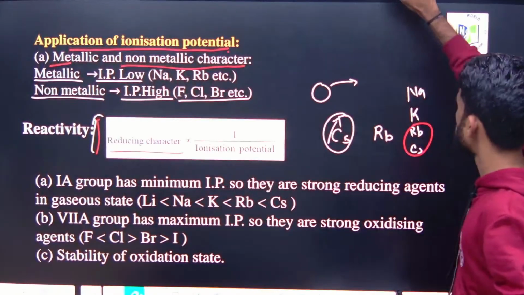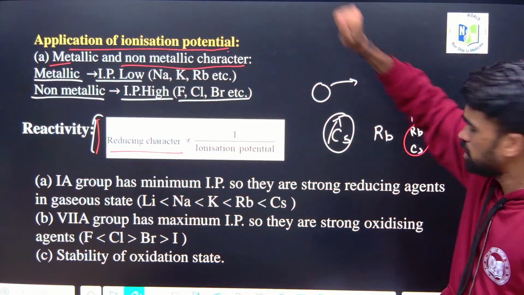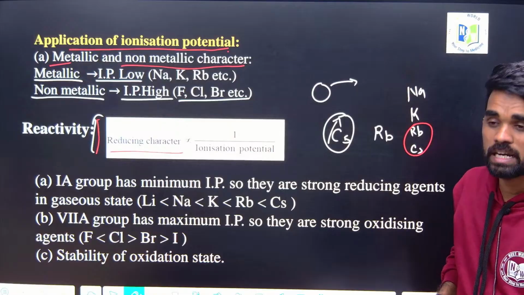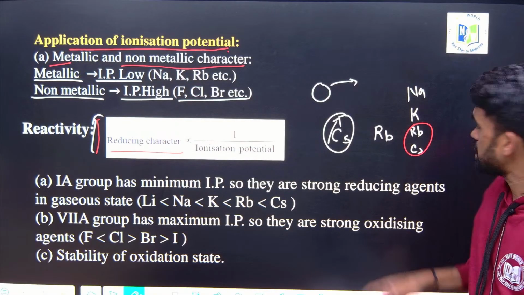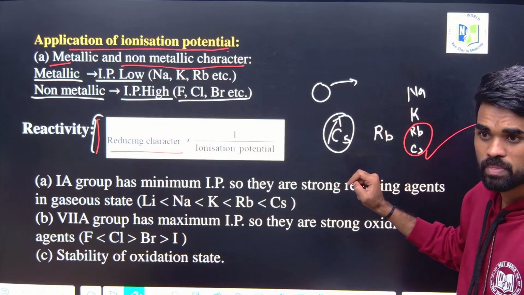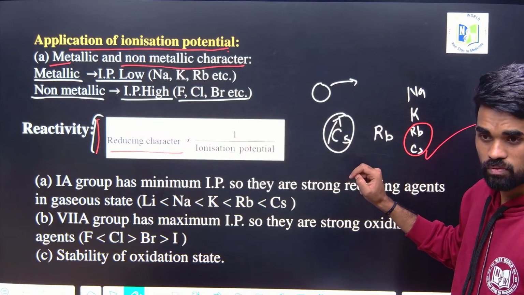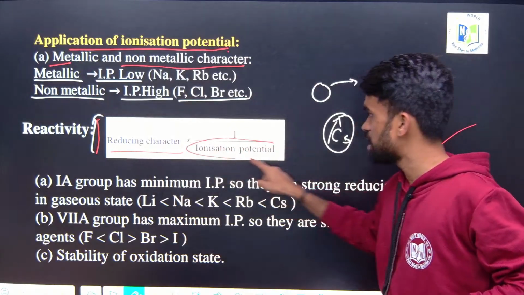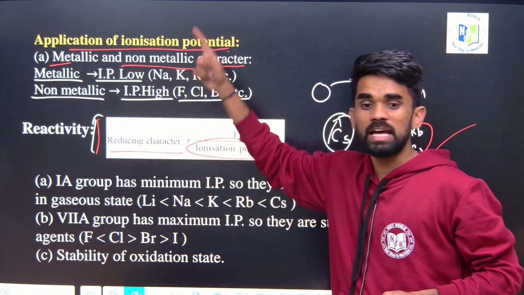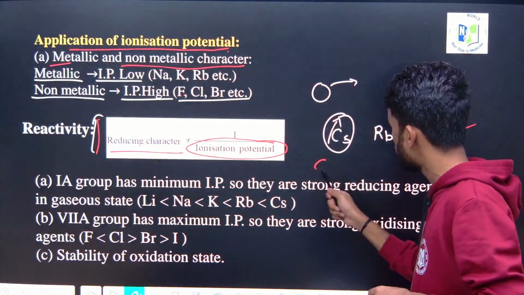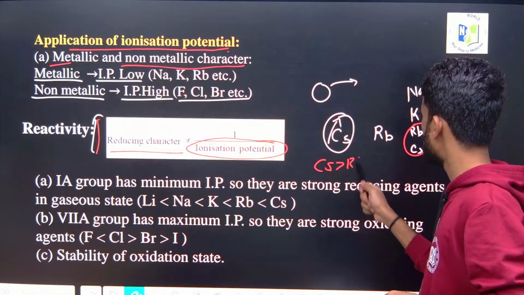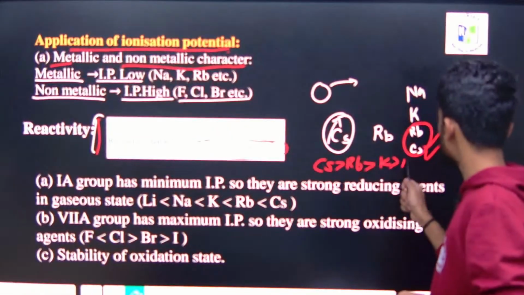So just remove lithium, do not compare lithium here. In these options, which is the strong reducing agent? Cesium. Why? It has lower ionization energy, so it can easily give the electron to other species, which get reduced. So it has more reducing power. Cesium is first, next rubidium, next potassium, least is sodium.